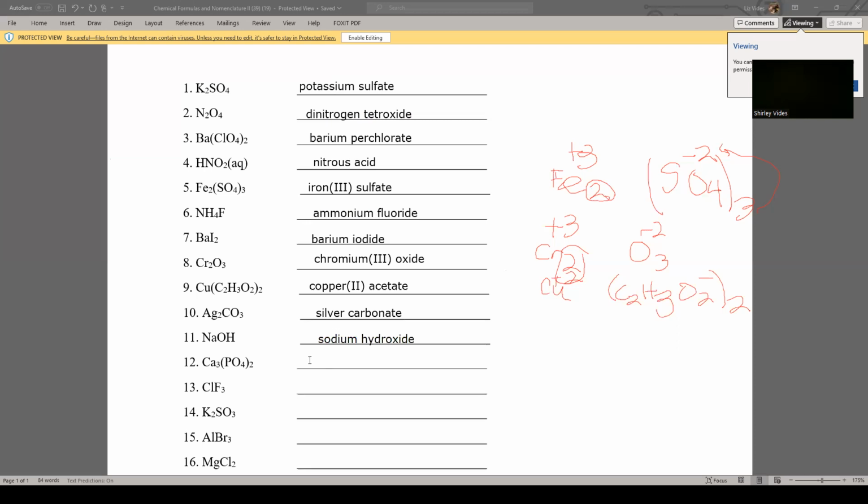Calcium, calcium is not one of those, so we just take calcium and phosphate. Ooh, phosphate. There we go. Cl, okay, so that's a covalent. So this is chlorine and, oops, where's my H? Chlorine, and the other one is tri, right? Fluoride.